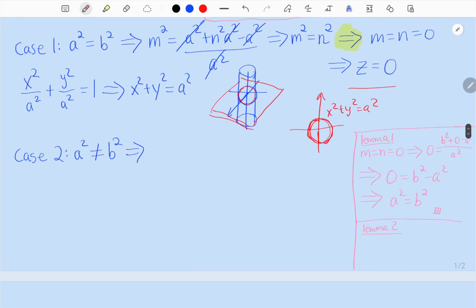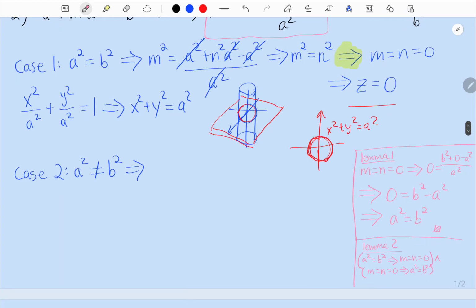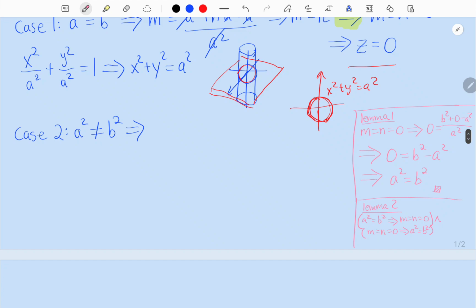Lemma 2 is that a squared is equal to b squared implies m equal to n equal to 0. And I have that m is equal to n is equal to 0 implies a squared is equal to b squared by lemma 1. So the first part is by this part, and the second part is by lemma 1.